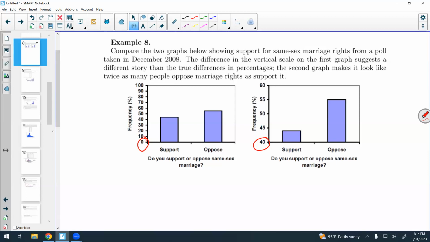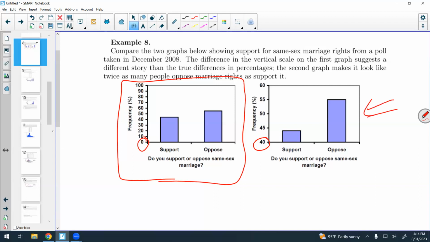Now, if you were to look at this graph here, it looks kind of close, fairly even. Yeah, a little more oppose it than support it. But then if you look at this graph, what do you think about that one?